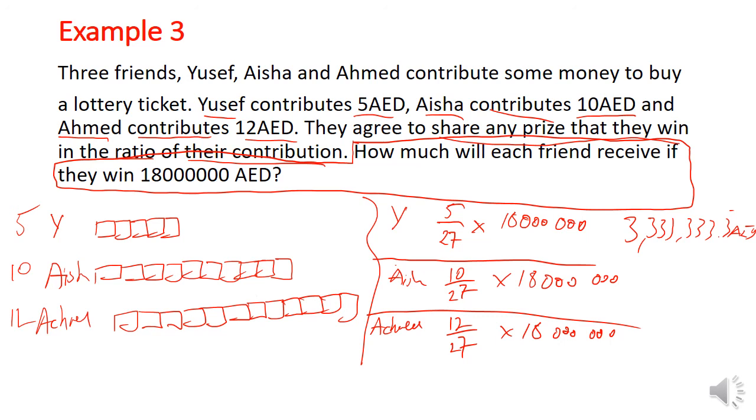So it would be 6,666,666.6 dirhams recurring. And for Ahmed, same thing. You could do 12 divided by 27, get that as a decimal, multiply that by the 18 million, and that would give us 7,999,999.9 recurring dirhams.